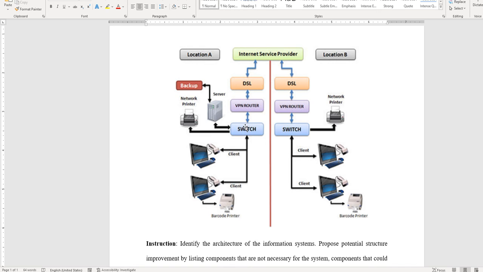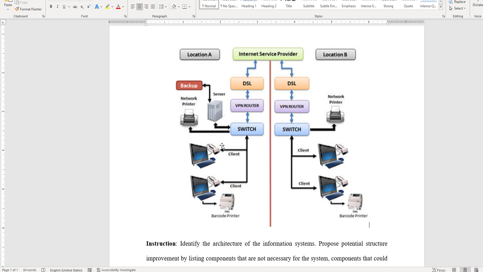Next we have a switch. A store will be a very small local area network which contains servers, printers, user systems, and POS systems. Regarding the network structure, this is fine, and there is a replica of it, so that is also fine.